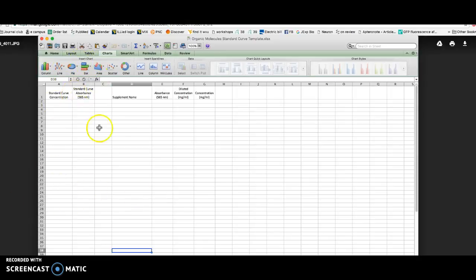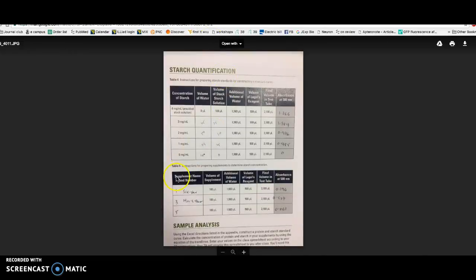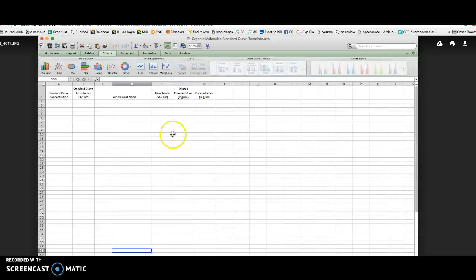So you're done with this part. Then again, just like you did for protein, you write the names of the supplements like this, and of course the absorbances here. Then you use the line equation from the trend line you got from the standard curve, calculate the diluted concentration, and from there you get the actual concentration, right?